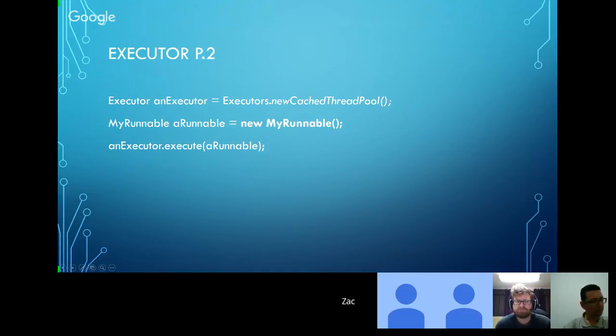So to create an executor is very straightforward. Just Executors, and you create a new pool, and you throw in a runnable, and it will just start to run.